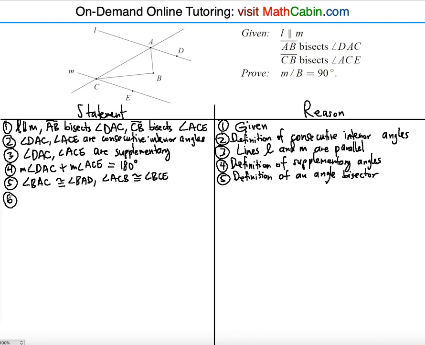The next statement is going to be that the measure of BAC is equal to the measure of BAD, and the measure of ACB is equal to the measure of BCE. Okay, and the reason for this is going to be the definition of congruent angles.